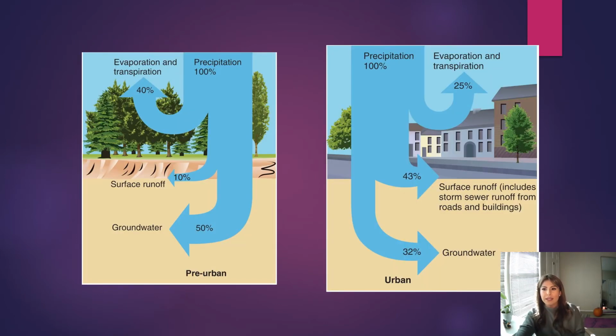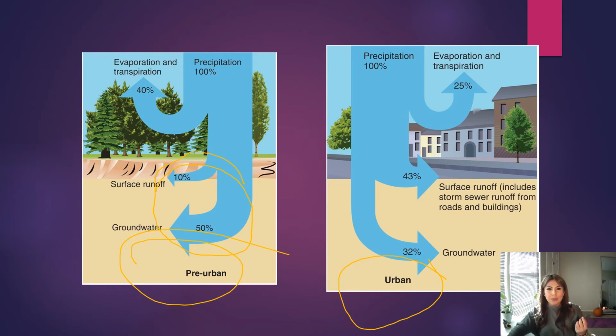I'm kind of getting ahead of myself, but here's a picture of surface runoff and the difference between surface runoff in a non-urban or pre-urban area versus an urban area. So you have precipitation, and almost 50% of it is naturally just absorbed, right?